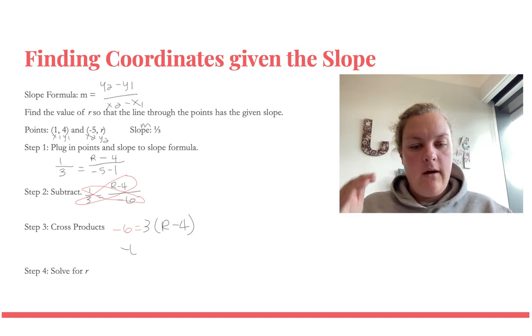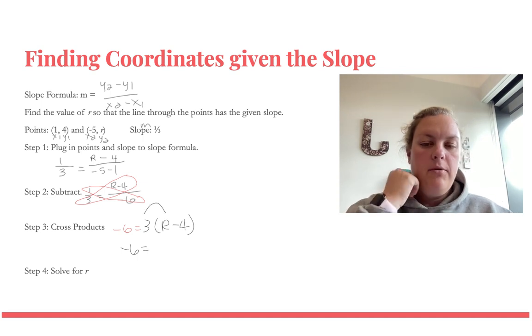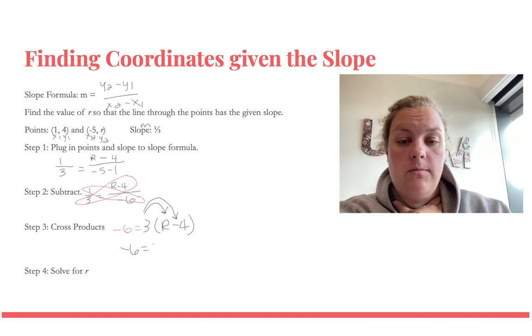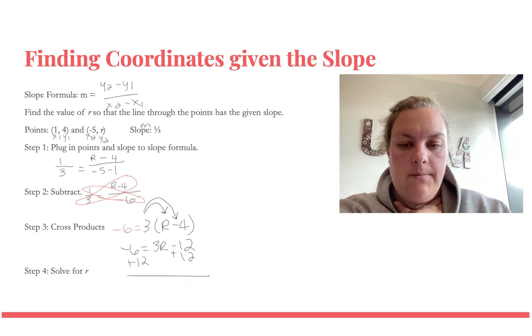So negative 6 is going to stay the same. I'm going to distribute the 3 to the r and the 3 to the negative 4: 3r minus 12. And here I have a two-step equation. So I'm going to add 12 to both sides because my goal is to isolate the variable. That is going to give me 6 equals 3r.